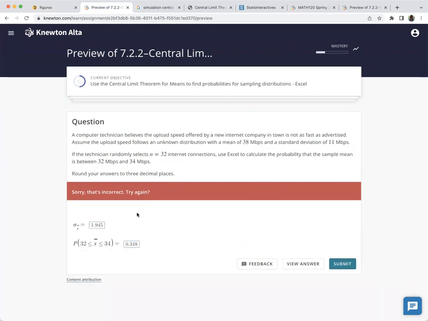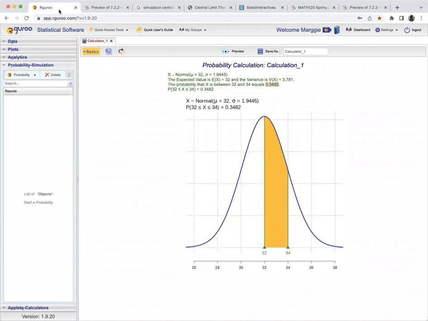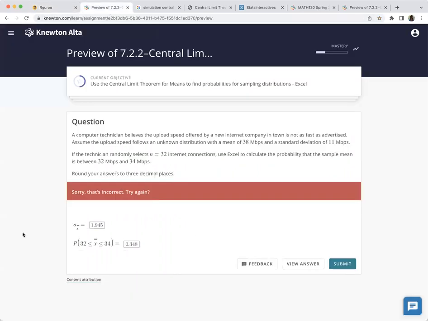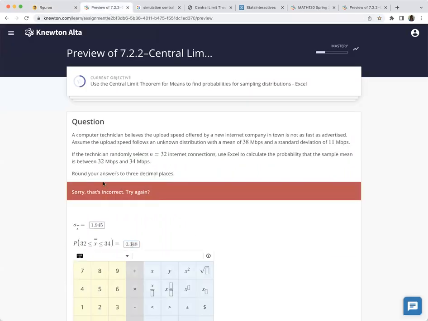All right, so let's see. 3, 4, 8. So I don't need the last 2. Oh no, I have 3 decimal places. All right, so let's see if I did something incorrect with the standard deviation.